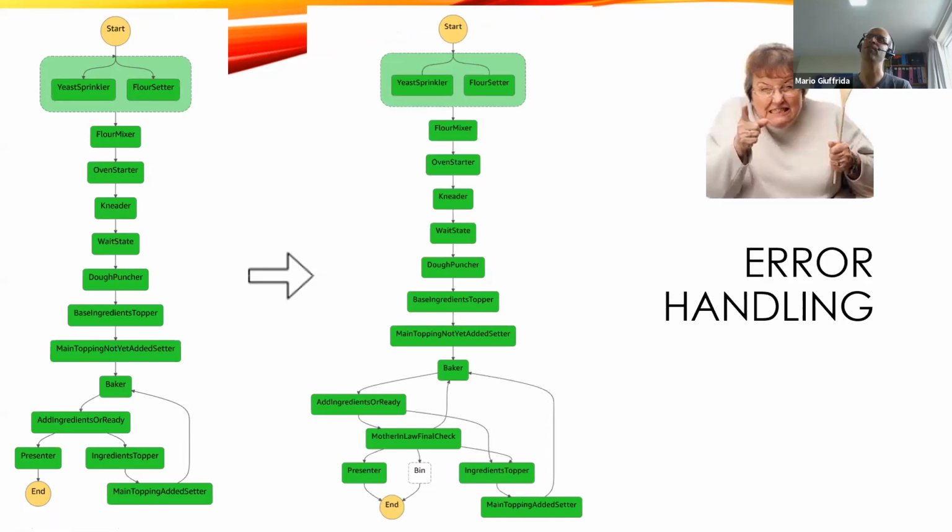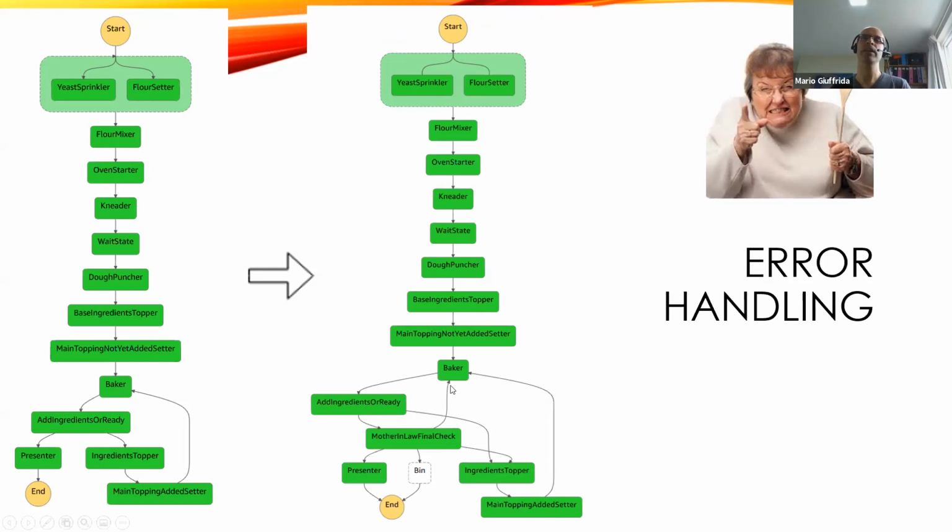So this mother-in-law is, in fact, a quality controller that, once the pizza is about to be presented, can raise different exceptions. For example, it can raise a need more ingredient exception, and in this case, the flow is redirected to the ingredient topper. Or it can raise an uncooked exception, so the flow is redirected to the baker and it will go into the oven again.